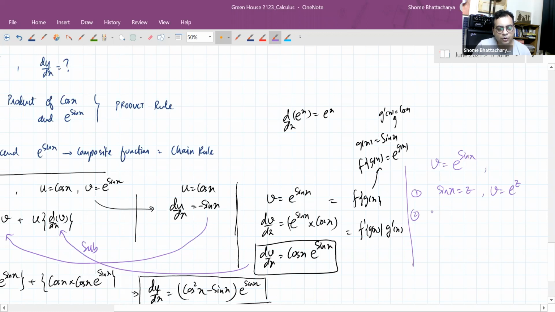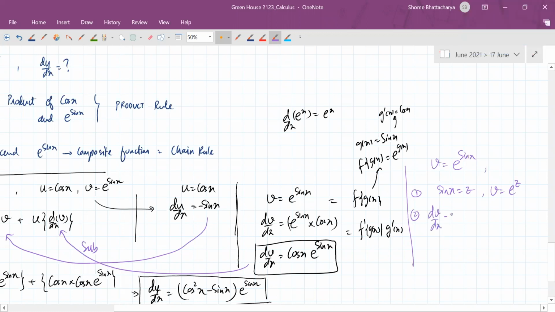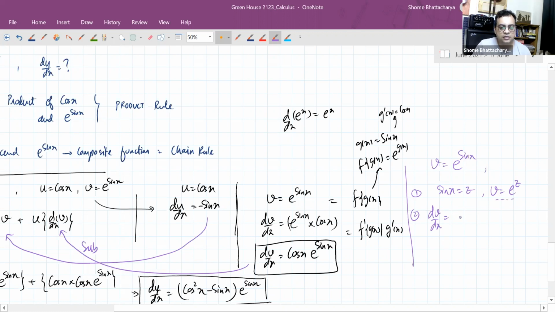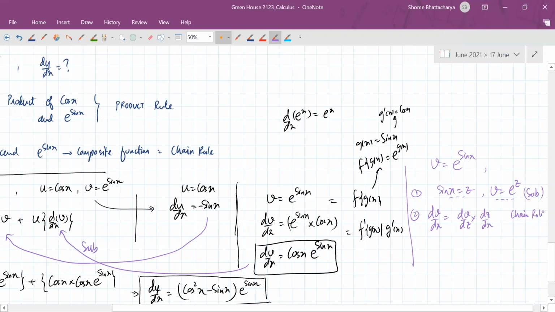Then our second step is to find dv by dx. But v is not directly related to x. v is related to z, so this will become dv by dz into dz by dx, since z is related to x. This is my chain rule step, and the earlier one was my substitution step. Now what is dv by dz?